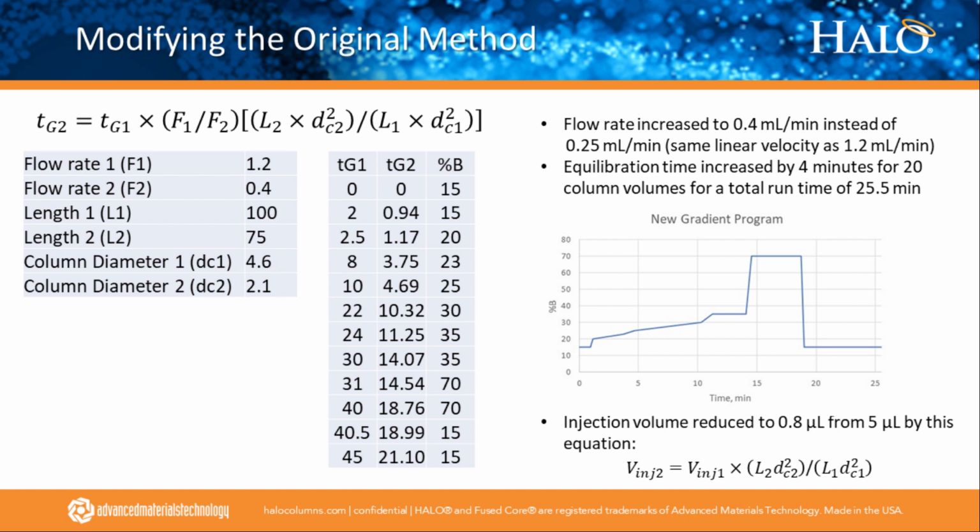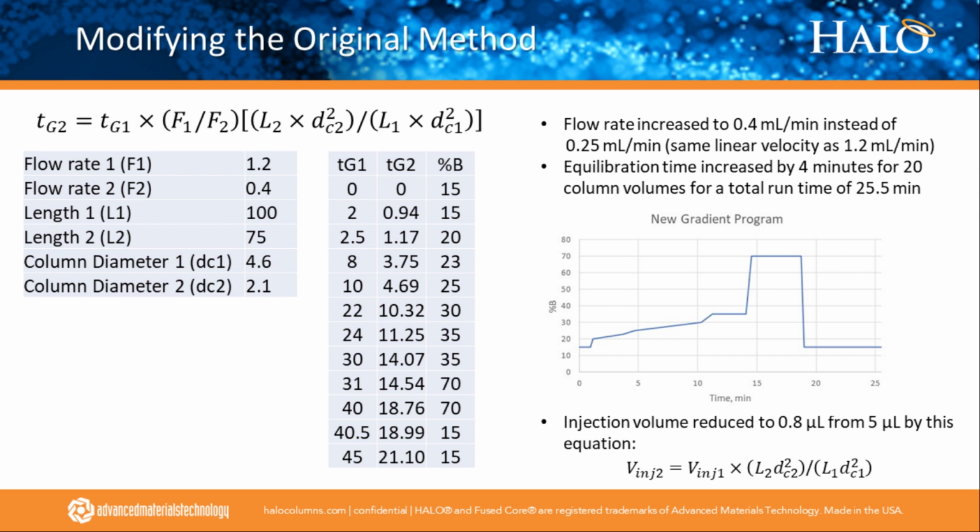Now let's take a look at how we modified the original method. So I have the equation here for adjusting the gradient times. The flow rate of the original column was 1.2 milliliters per minute. And if you scale that to a 2.1 by 75, which is what we moved the method to, the same linear velocity would be 0.25 milliliters per minute, but we're able to increase the flow rate because it's a superficially porous particle to 0.4.